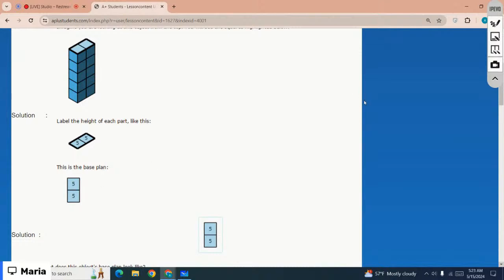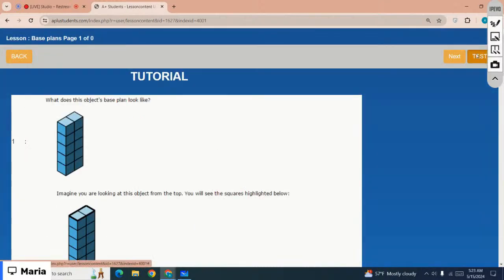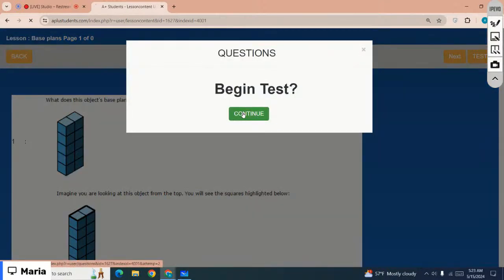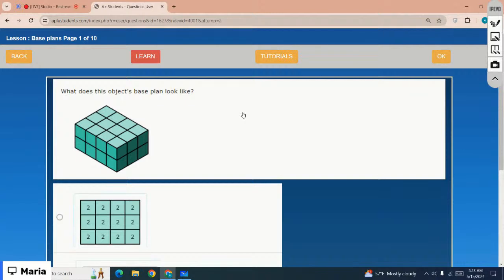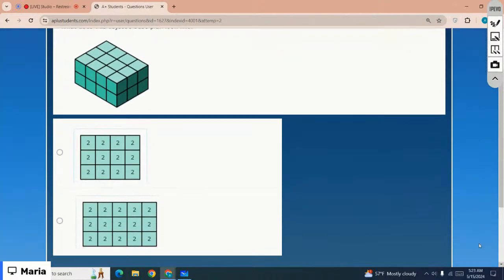Okay, let's just start with the test questions. What does the object's base plan look like? You have one, two, three, four, and you have 2 squares on each.